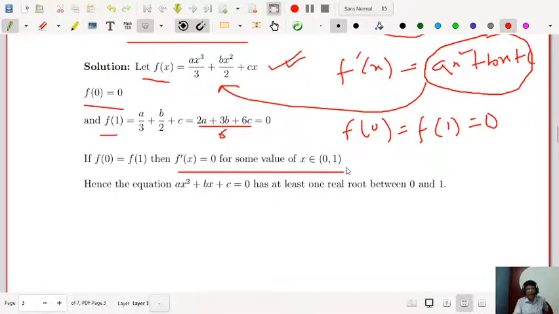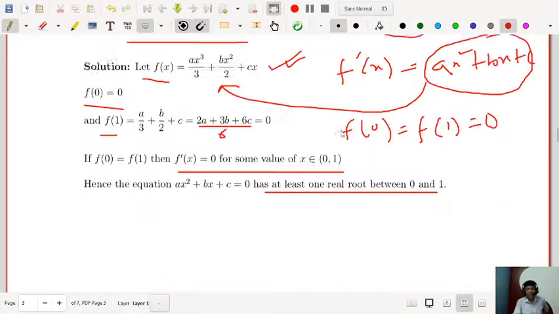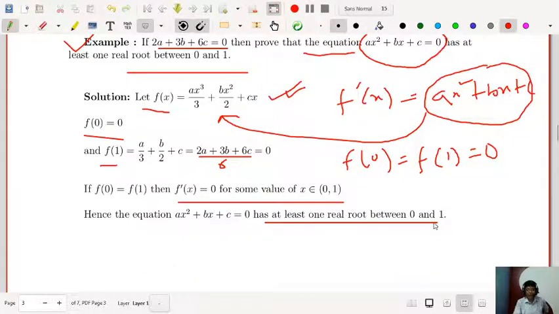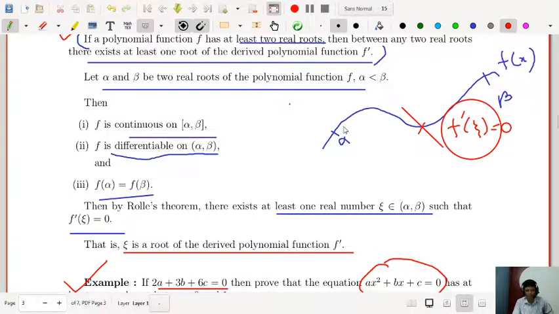So this quadratic has at least one root between 0 and 1. Already we stated that roots of f(x) are separated by roots of f dash. So ax square plus bx plus c equals 0 has at least one real root between 0 and 1. This is a beautiful example of Rolle's theorem for polynomial functions.